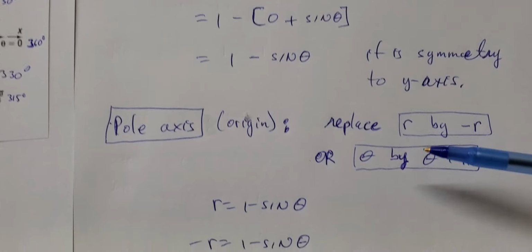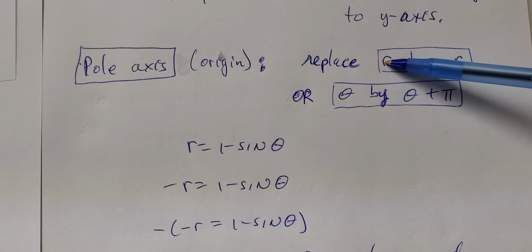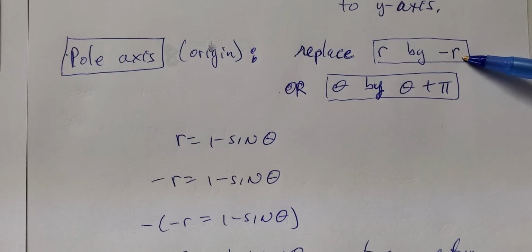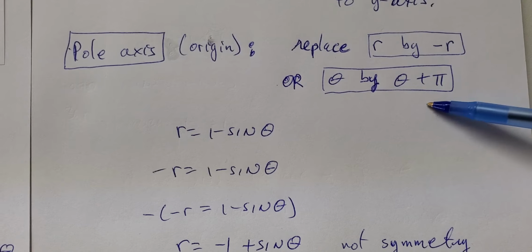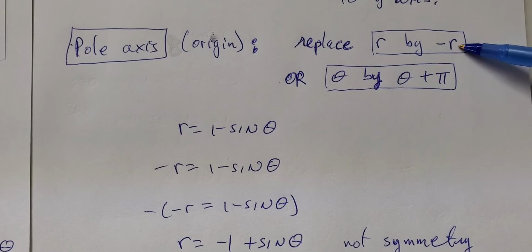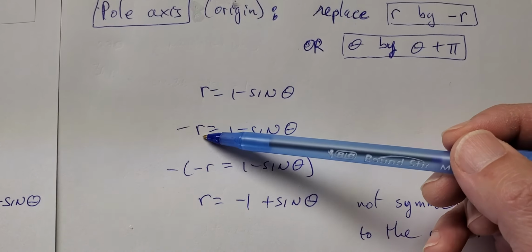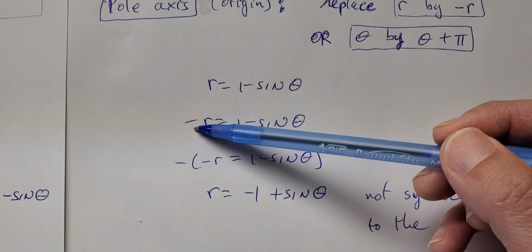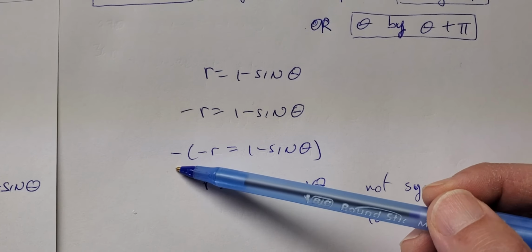Now let's see if it's symmetric to the origin. With the origin, just replace r by negative r, or you can do theta plus pi. Either one will work. We'll just do r replaced by negative r. So here's the original equation. Replace it by negative r, which is negative, but I don't want this negative. So multiply another negative.